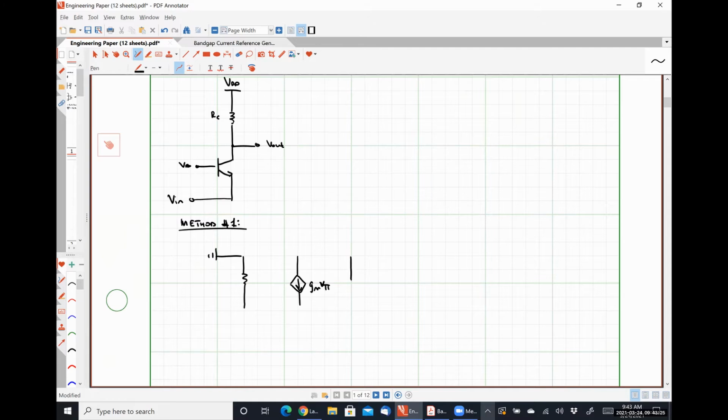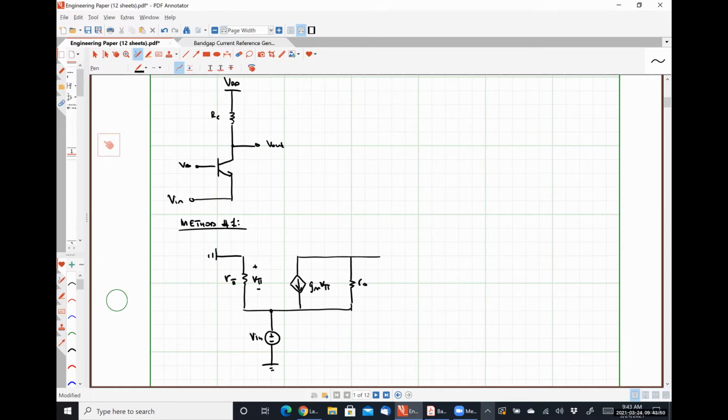GM V pi, or not, because we're not going to punk out and ignore the early effect, since we haven't been ignoring it at all for our cascodes. Here's our signal V in. Here is V pi.